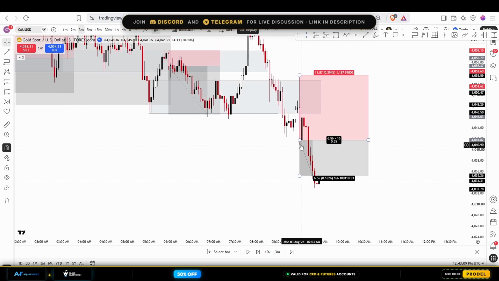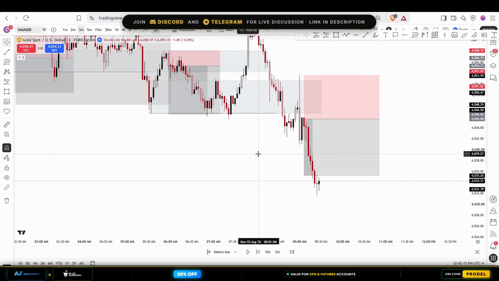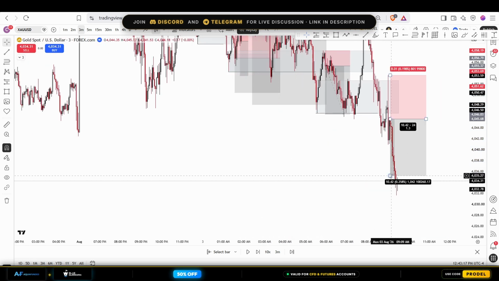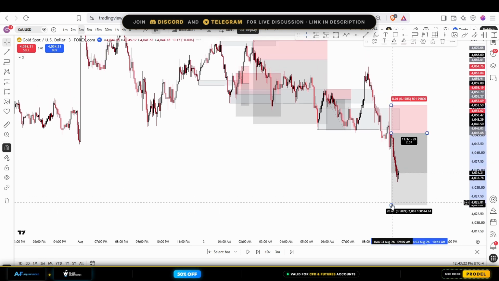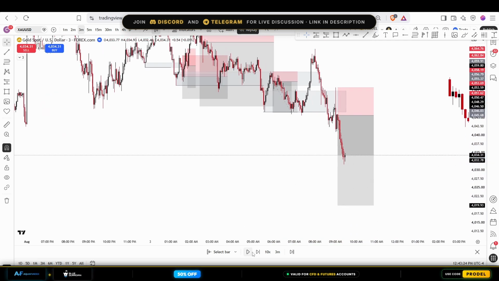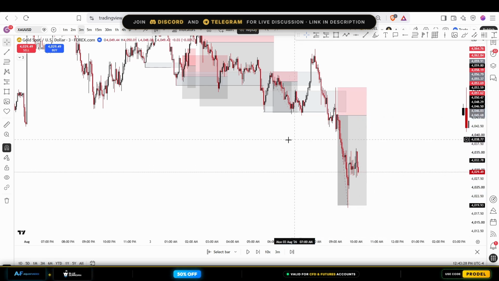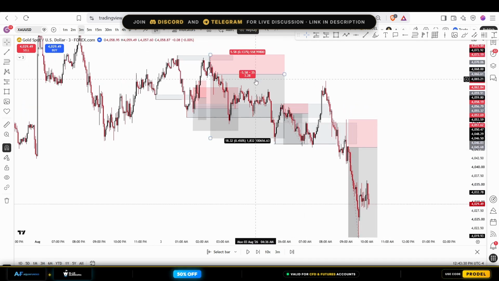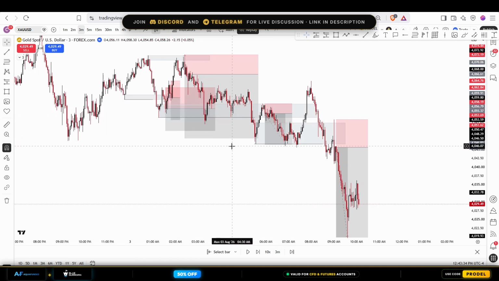If you find this SL big, you can also trade on the inverse fair value gap like this. Just take your trade on the inverse fair value gap and put your TP around 1:3 RR like this. Yeah, it perfectly hit 1:3 RR. And you can see basically 1, 2, and 3 TP and 2 SL in the gold.